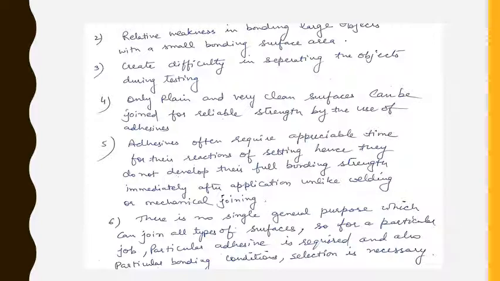It creates difficulty in separating the objects during testing. So once you use adhesive, it goes for binding, and if we want to test it with some method where separation is required, that is not possible using adhesive. Once you use it, you cannot separate it.